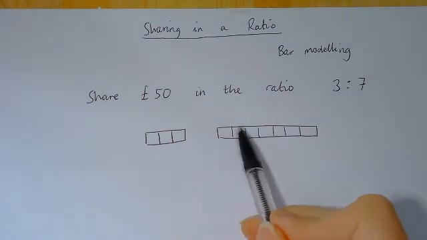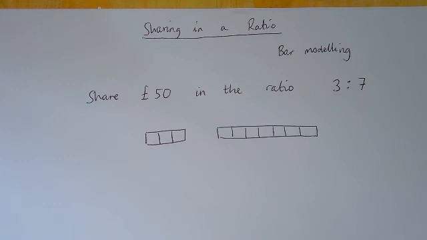So you should have 1, 2, 3 and 1, 2, 3, 4, 5, 6, 7. Every ratio question that involves sharing or some money has been shared, you're going to be able to solve by drawing a picture like this. Now, you need to read each question because every question is going to be slightly different, but all of them will be able to be solved like this.